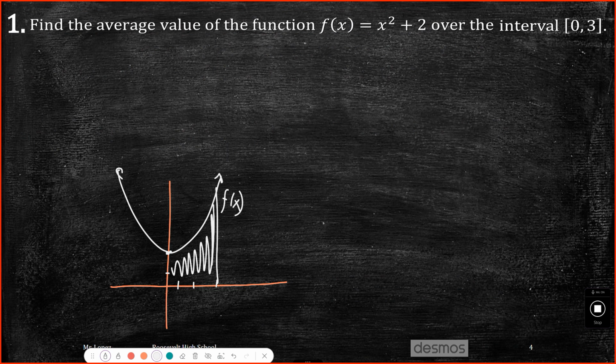Okay? So there is some height where all this area can fit perfectly in a rectangle. Imagine that it's like water filling in. What height would the rectangle be where it would fit?